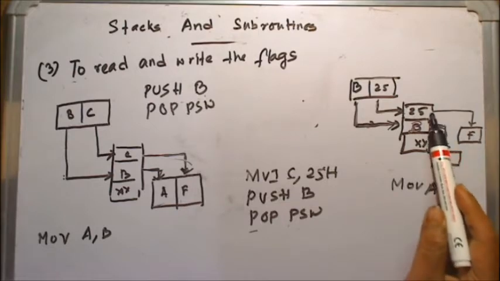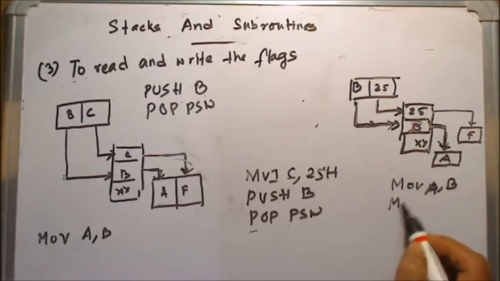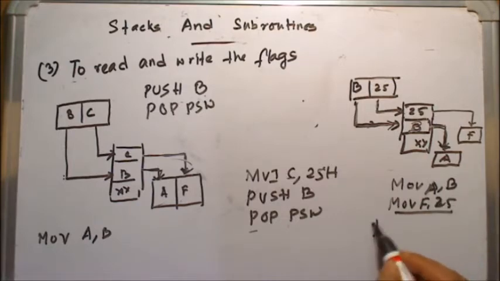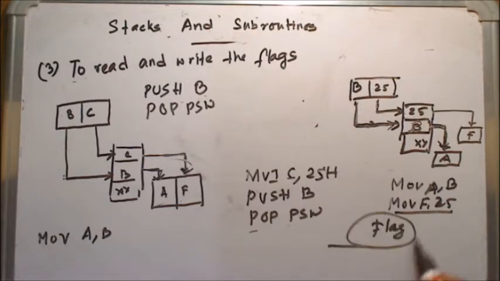But here we are also getting MOV F, 25H. The flag register will get a brand new value of 25H. So this is only possible this way.